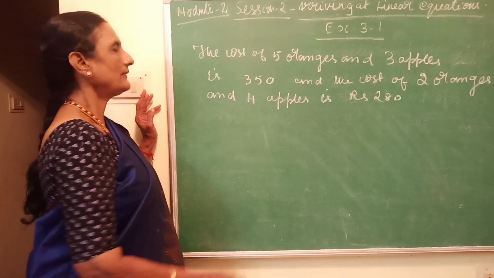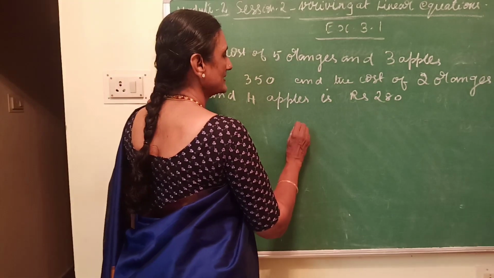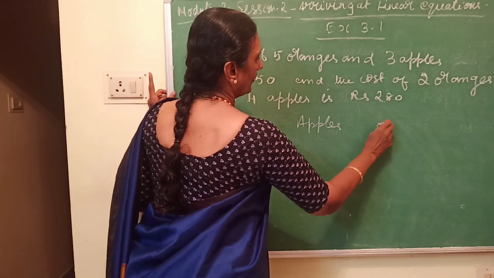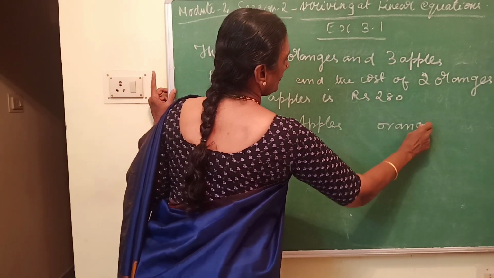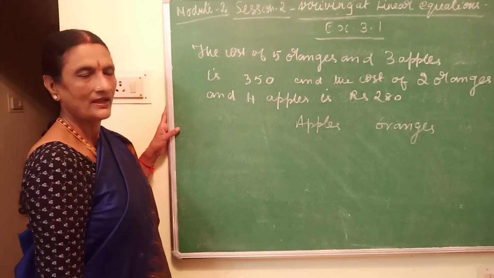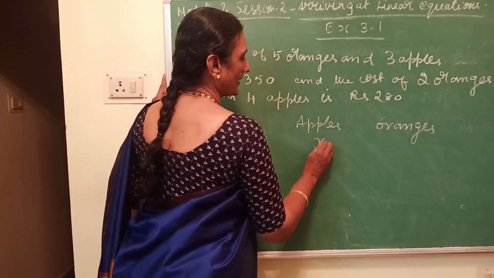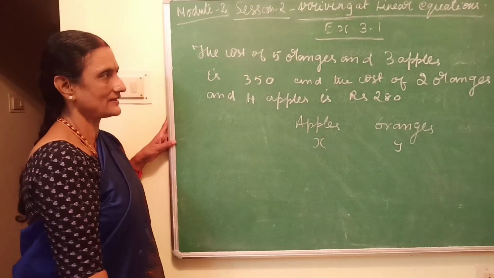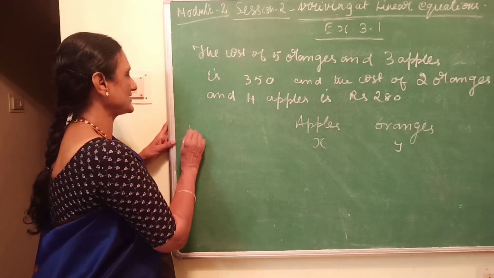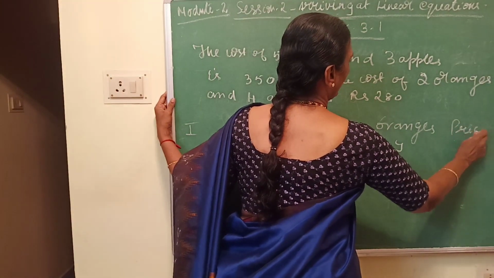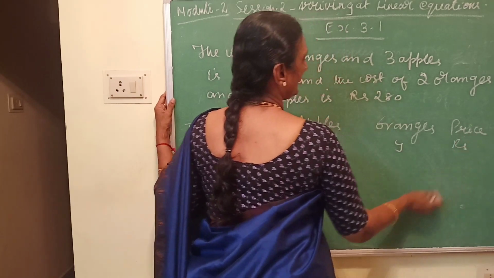Now as usual we should have 2 columns, apples and oranges. Here the cost of 1 orange or 1 apple is not given to you. So we can take the cost of 1 apple as X rupees and the cost of 1 orange as Y rupees. The first situation is situation 1, and here we can have a third column for price. You can write rupees.